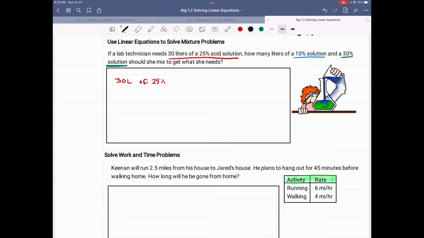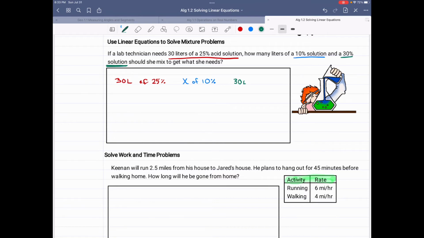And we have, let me just get this to be the same color. How many liters, so we'll use X for that, of a 10% solution. And if we want 30 liters, and we're already going to have X amount from the 10% solution, then we're going to have to take away the X from the 30 liters.